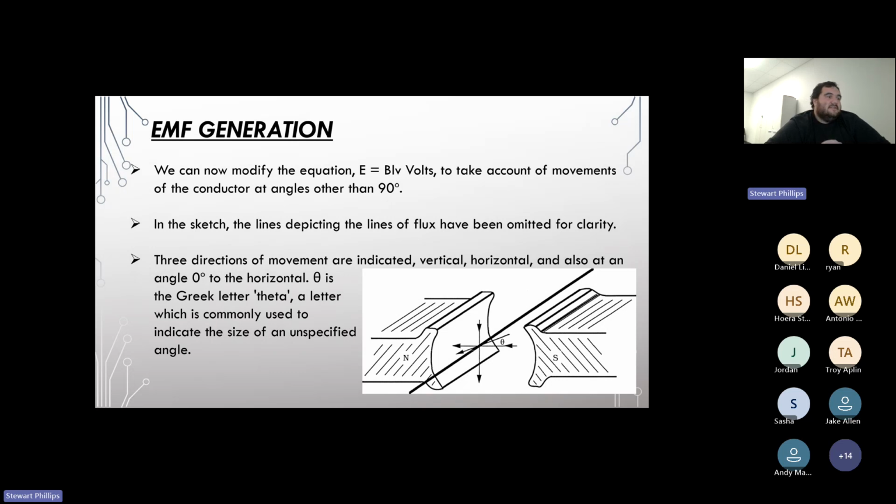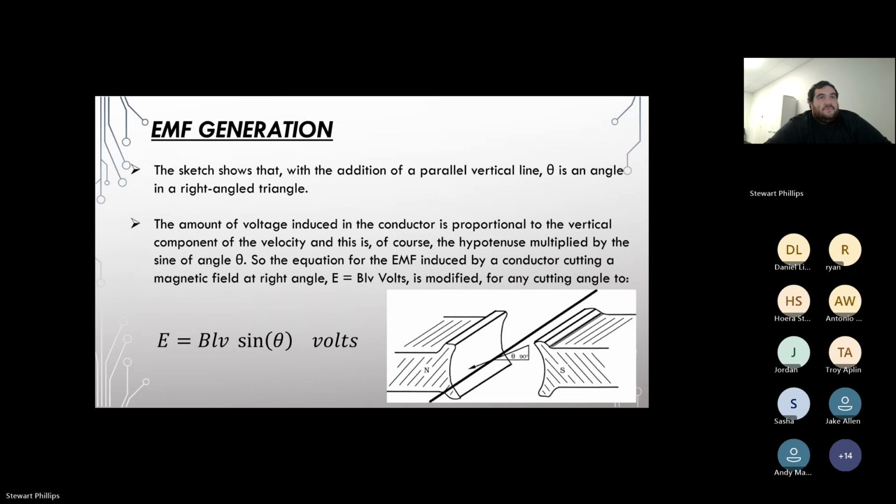Theta is the Greek letter commonly used to indicate the size of an unspecified angle. So normally when you get a theta symbol, it's basically saying unknown angle or angle yet to be determined. The sketch shows, with the addition of a parallel vertical line, that theta is an angle in a right angle triangle.